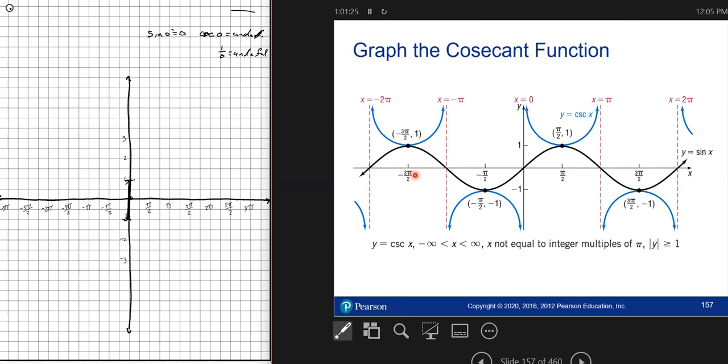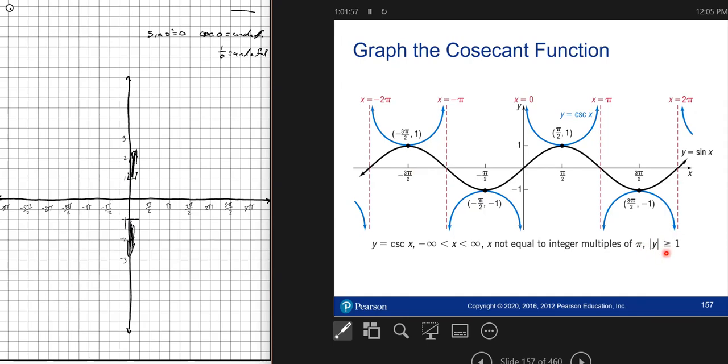So all of these numbers in this interval end up going above or below 1 and -1. So it cuts out the middle, and it's just everything from -1 and below, and everything from +1 and above. And that's what they're saying here.